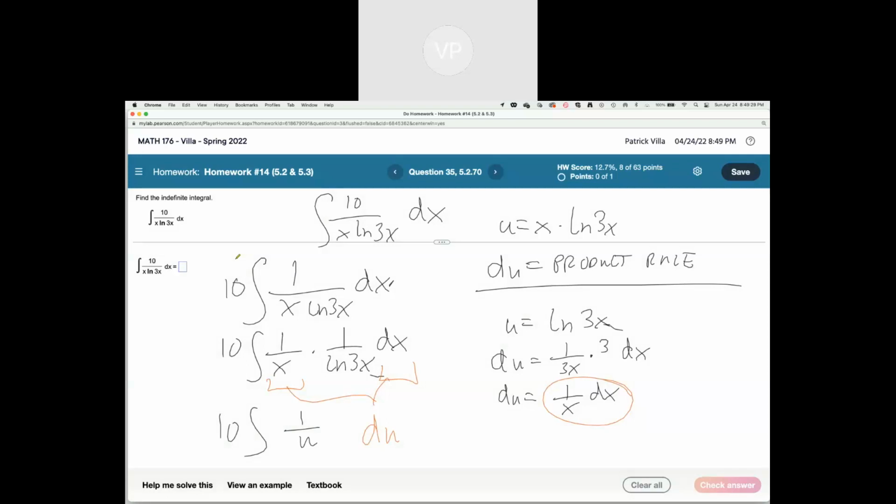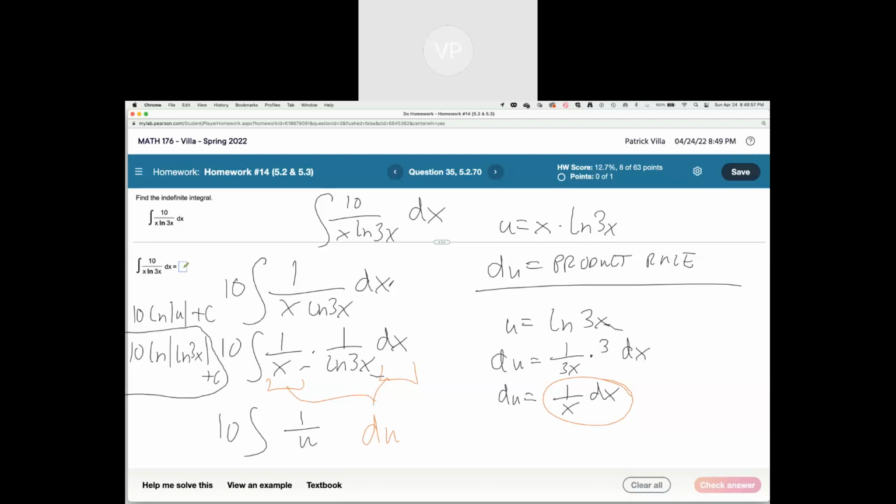I figured it all out. I'm going to go over here to the left. I have a 10 natural log of u plus c. That's the integral of 1 over u. It is natural log of u. We knew that. And then last, substitute back, and that's natural log of 3x plus c. So it's a little tight, but there's our answer. And yes, as you can see on this example, it's okay.